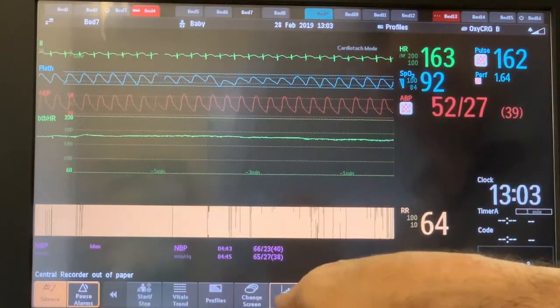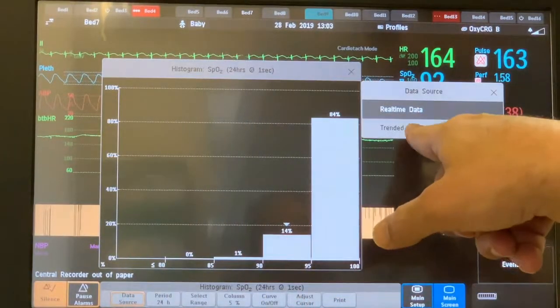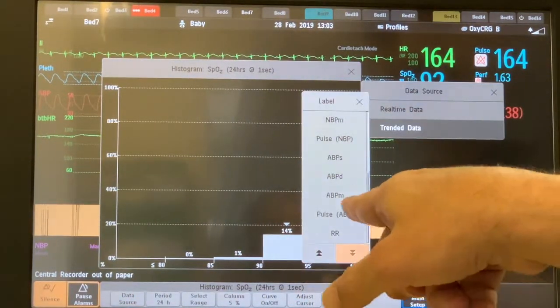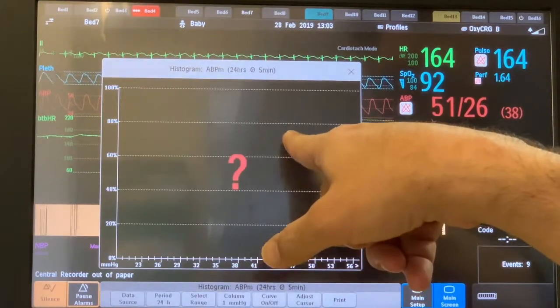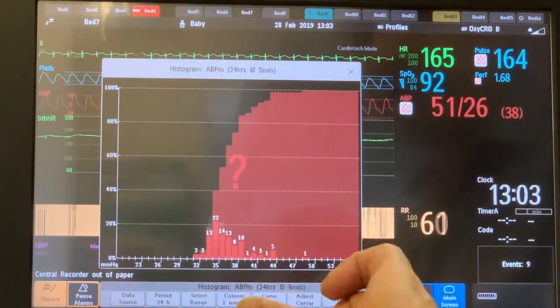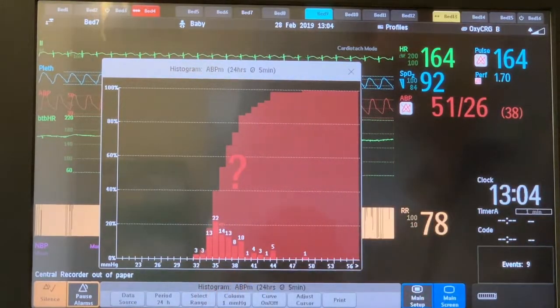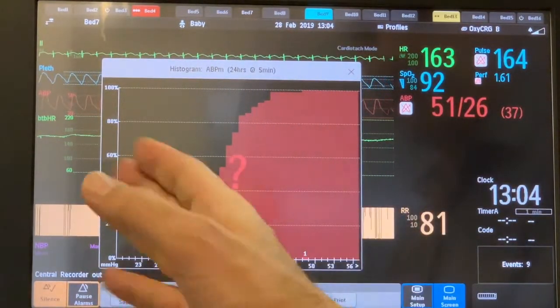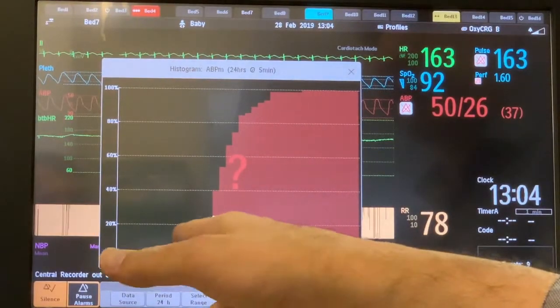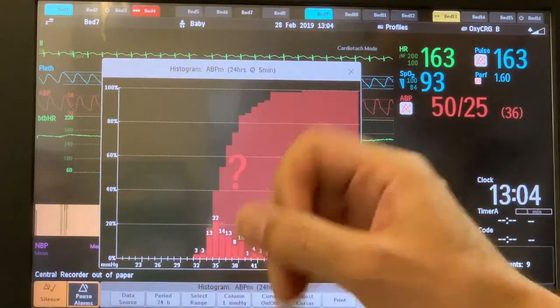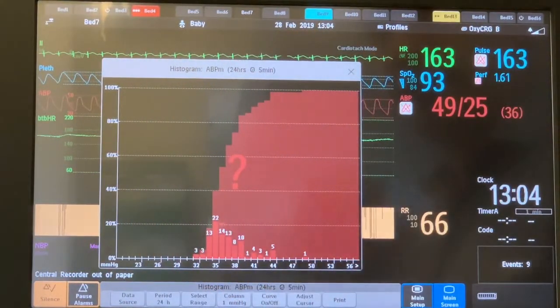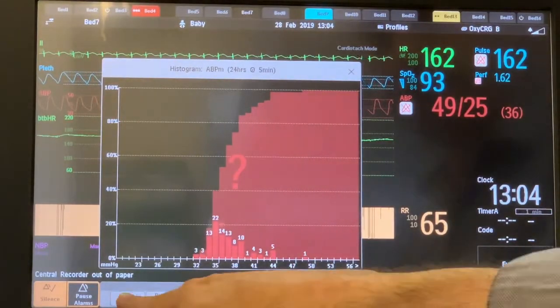You can do the same for the diastolic blood pressure and mean blood pressure. So you can get an idea about the trend of the blood pressure for the last 24 hours. What was the lowest blood pressure, and if the lowest blood pressure is above the acceptable, then you have your infant in a stable condition regarding the blood pressure.